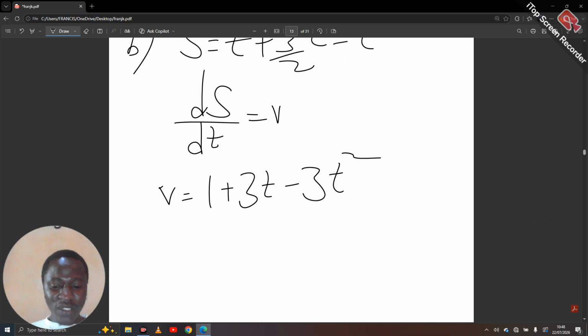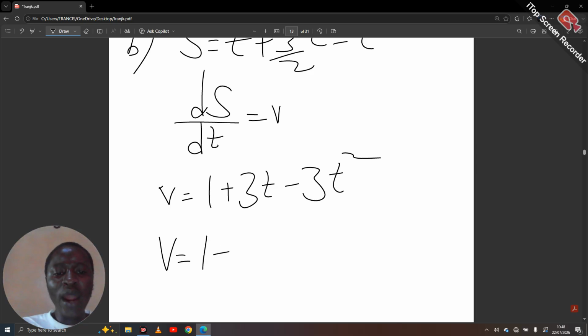This is the velocity. And remember, they want the initial velocity. So with the word initial, time is zero.